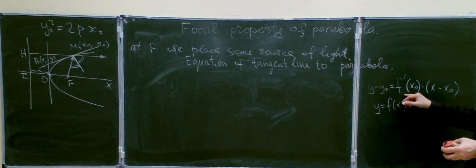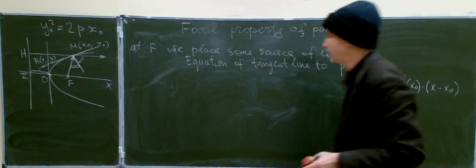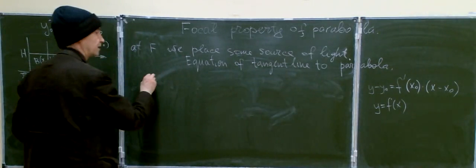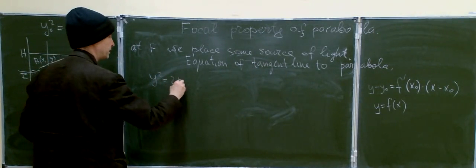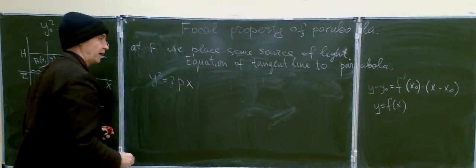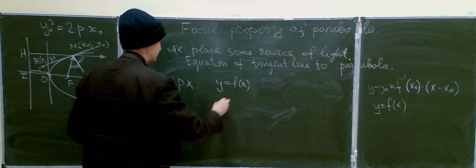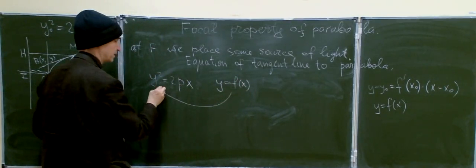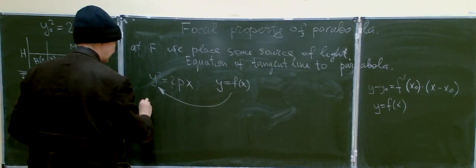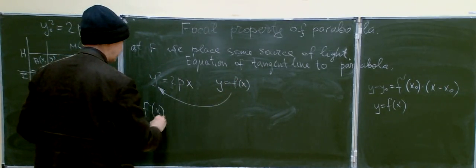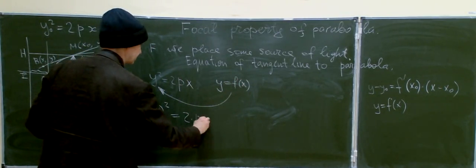And in order to write this equation, we need the formula for the derivative. Let's take the equation of our parabola, y squared is equal to 2 times p times x. And let's substitute y equals f of x into this equation. As a result, we get f of x squared is equal to 2 times p times x.